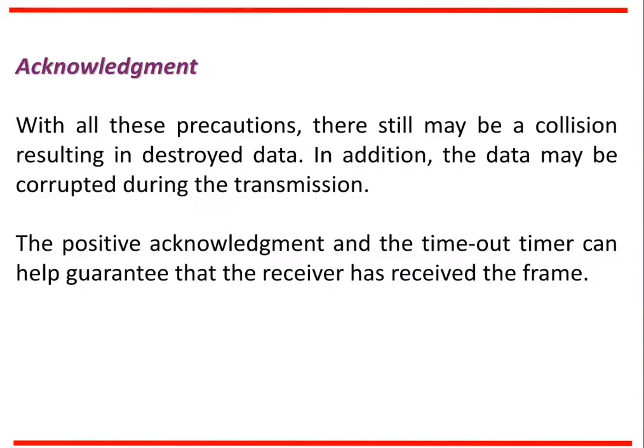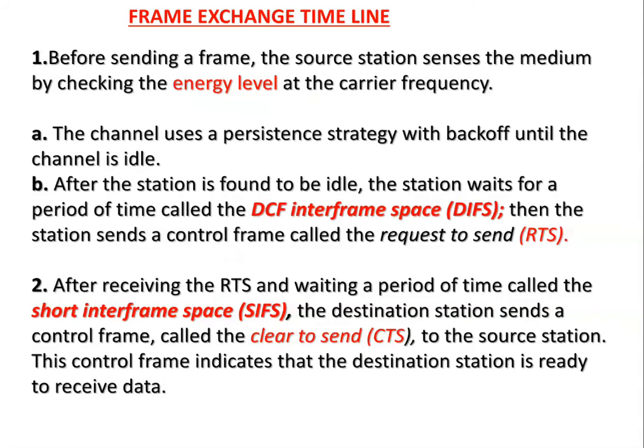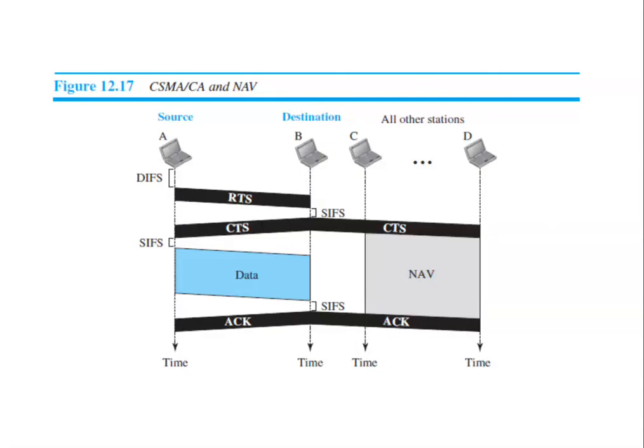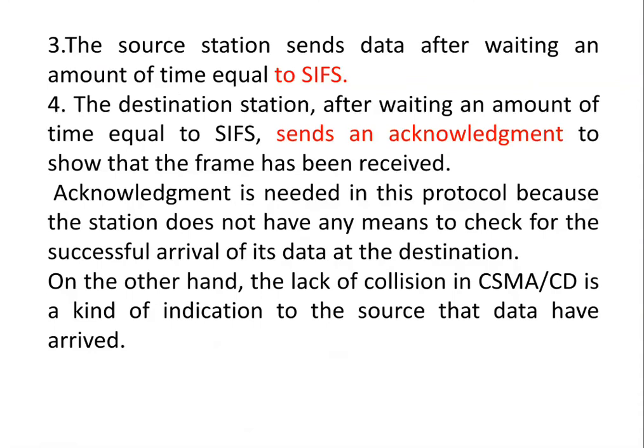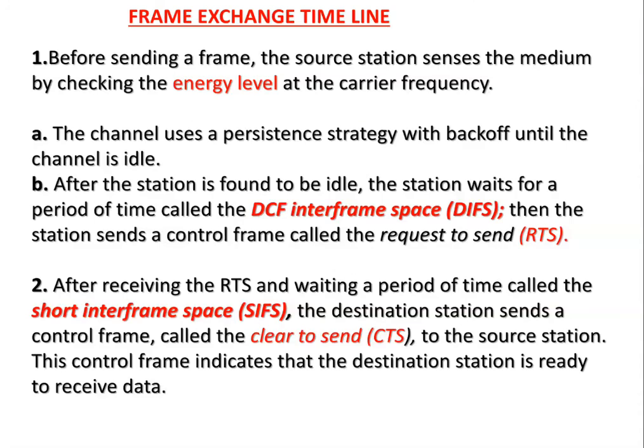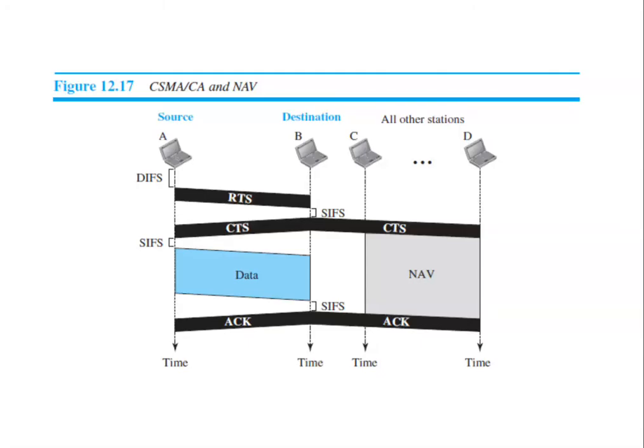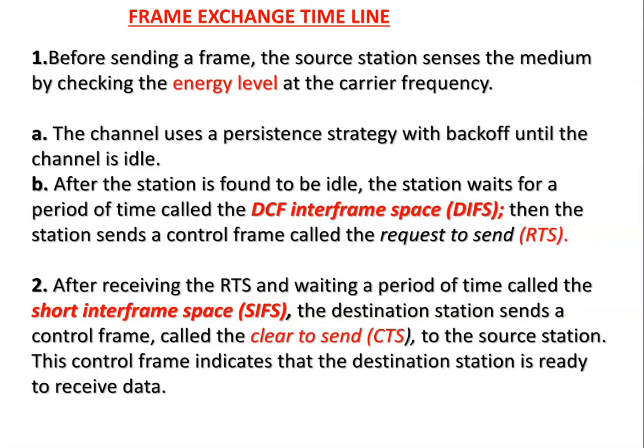Now let us see what is CTS, what is RTS. After it is explained, we'll be moving back to the flow diagram of CSMA-CA. So first is about CSMA-CA and the network allocation vector. It is said to be the frame exchange timeline. Before a frame is sent, the source station senses the medium by checking the energy level.